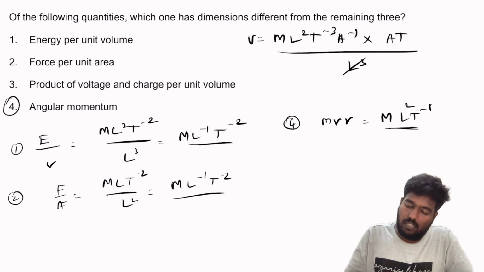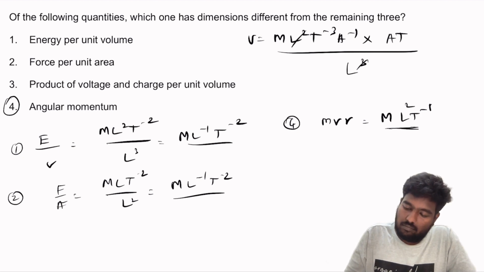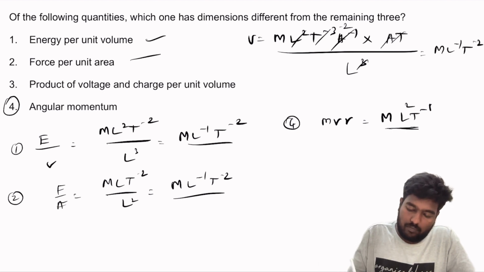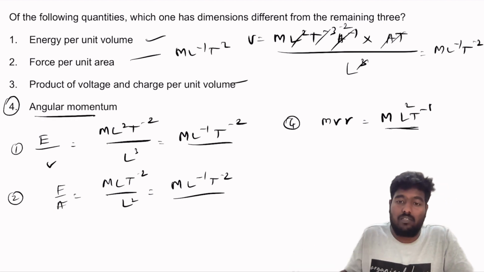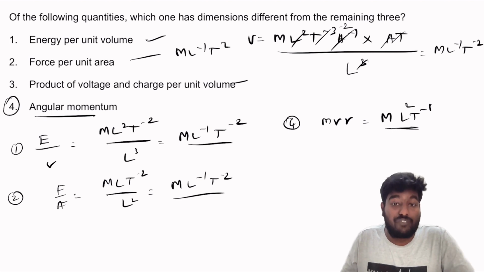So L square over L cube gives L inverse, A inverse and A, and T power minus 2. So I will have M L inverse T power minus 2. So all these three are the same, M L inverse T power minus 2. Only the angular momentum is different, so the fourth one is the different one from the remaining three.